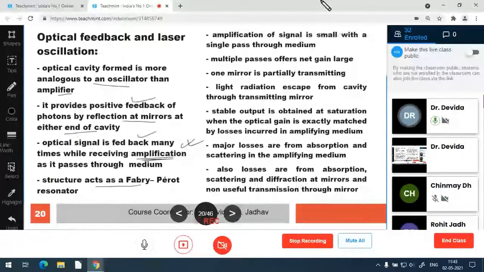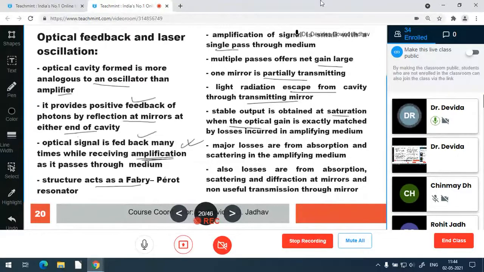The structure acts as a Fabry-Pérot cavity, and amplification of the signal is small when there is only a single pass of the photon, but with multiple passes due to oscillations between the mirrors, it offers large gain. One mirror is partially transmitting, and the light radiation escapes from the cavity through the transmitting mirror. The stable output is obtained when saturation occurs.